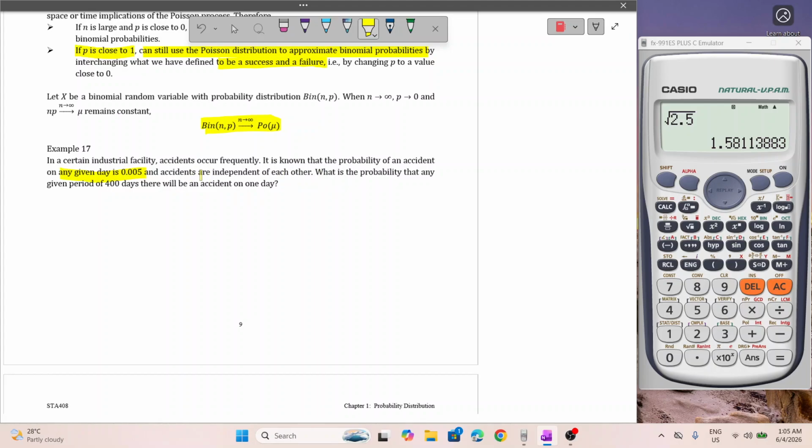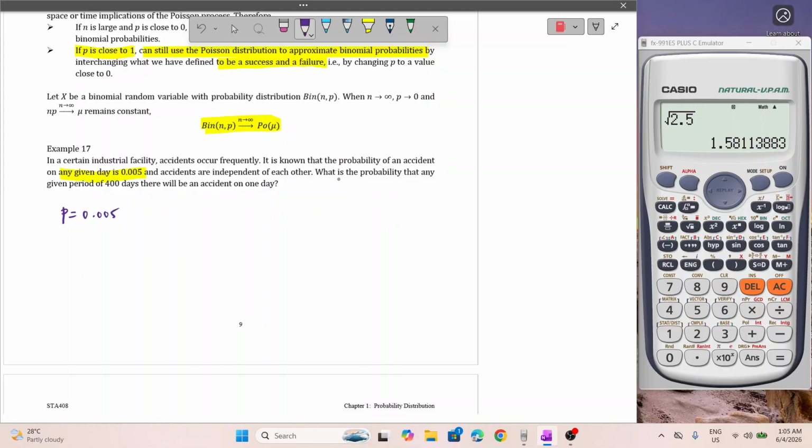So p, the probability of success for an accident to occur on any given day, is 0.005.